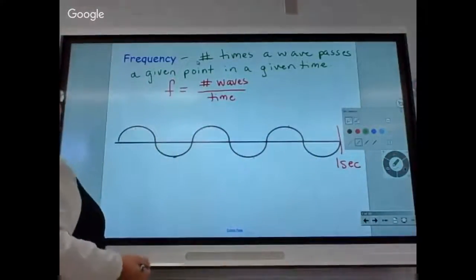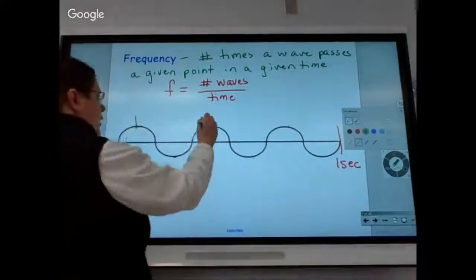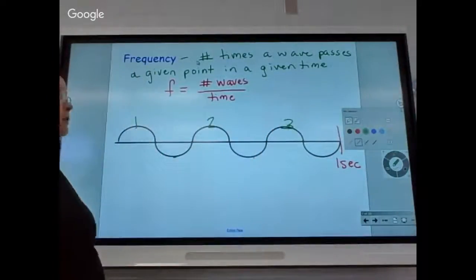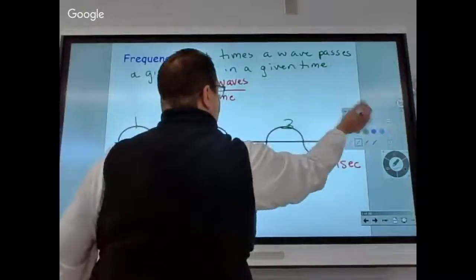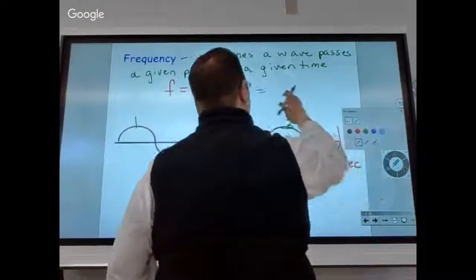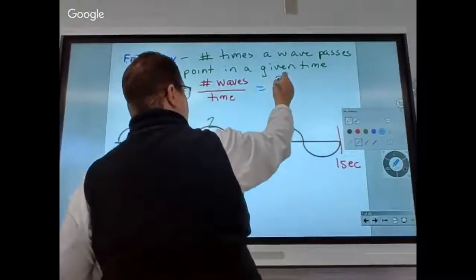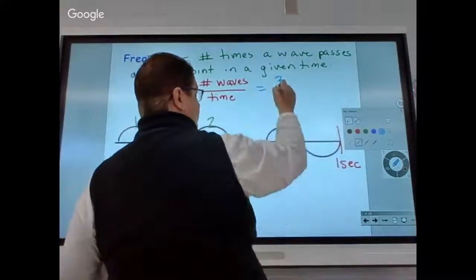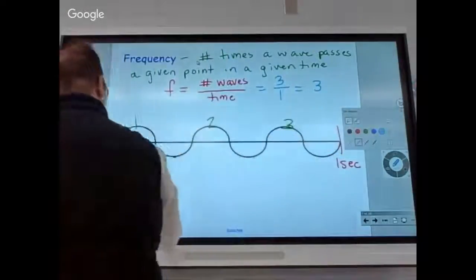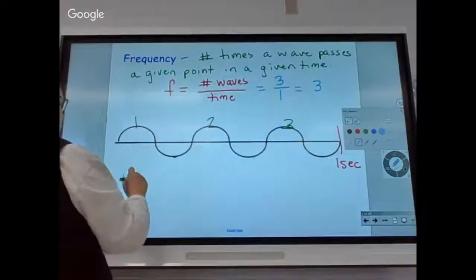As long as they match, you just have to go along and say 1, 2, 3. So you have 3 waves. Okay, so we have 3 waves over what's our time? So we get 3.